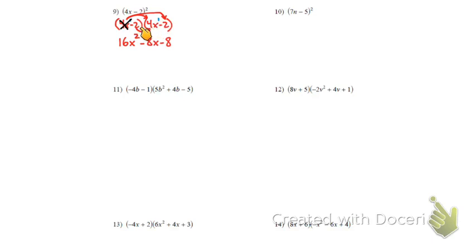This one does not have an x, so we just keep it as x^1 or just x. Now we're going to go negative 2 times negative 2. Negative 2 times negative 2 is positive 4. And none of them have an x, so we just leave it as positive 4. And we are done here.